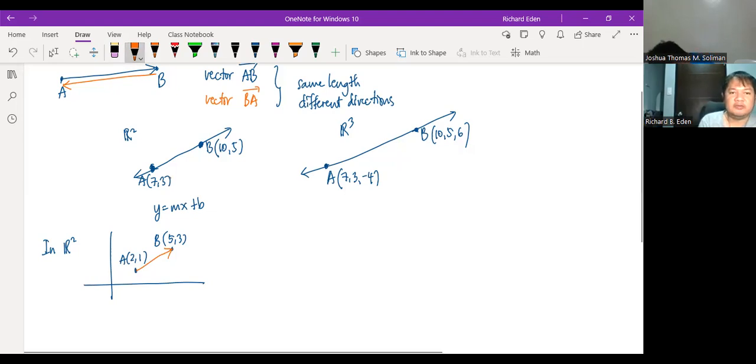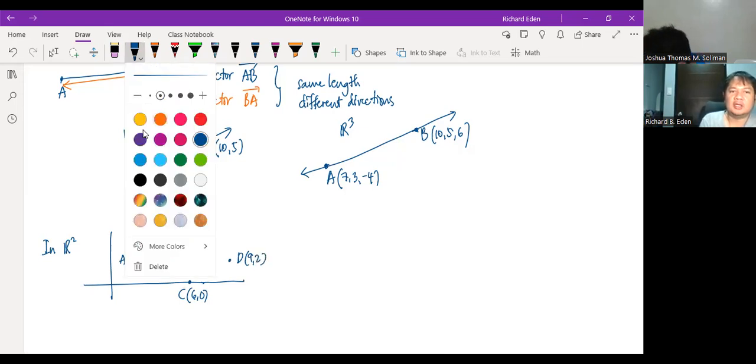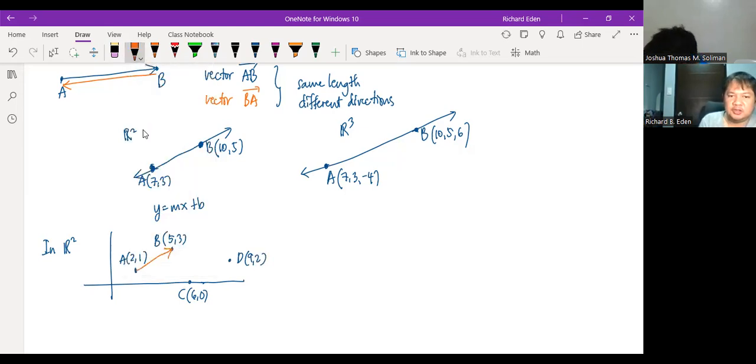However, if I start from a different point, C, which is here at (6, 0), and then another point, D, at (9, 2), and I draw the vector from C to D, well, that is a different orange segment.